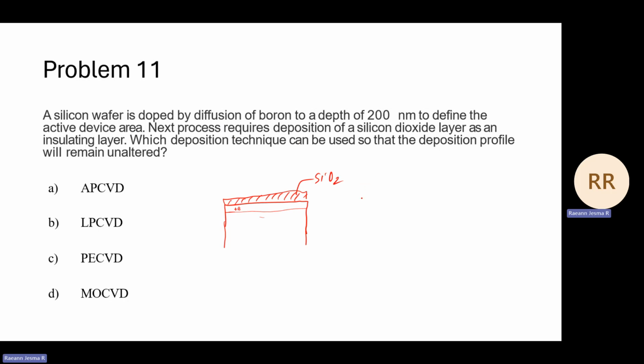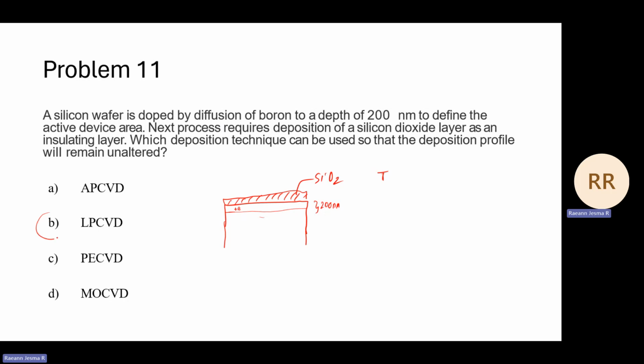If your temperature increases, then whatever diffusion you have done may start to spread out. It will not remain in this 200 nanometer region. So you have to have very strict control on temperature. Okay. So with this, can you tell which?